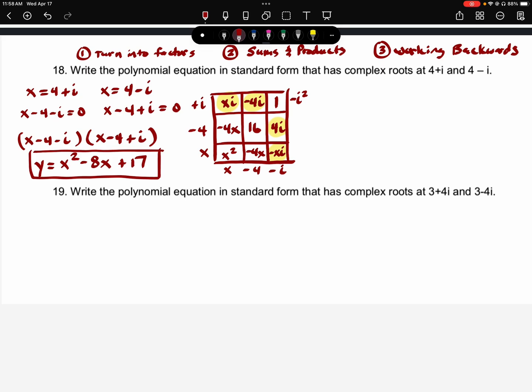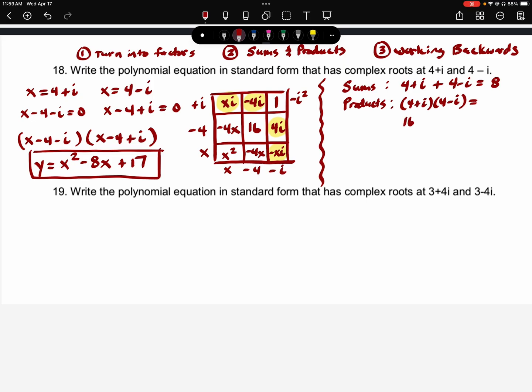If you wanted to do the sums and products, right, all I ask is that you write down sums and products so I know that's what you're doing, or at least S and P. So the sum of 4 plus i plus 4 minus i is going to be 8. And the product of 4 plus i times 4 minus i gives you 16.